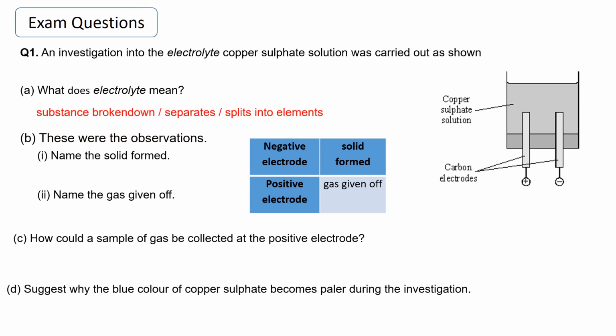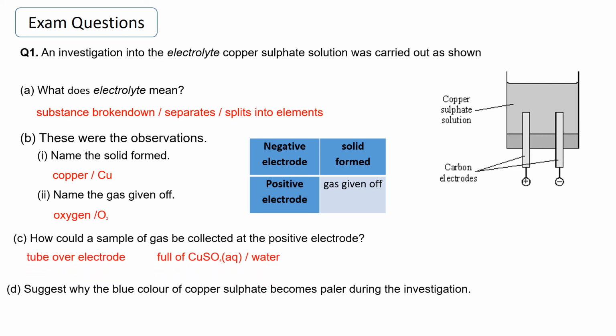Now let's go through the answers, which I've already seemed to have put up. Marvellous. So, electrolyte means a substance that is broken down, that splits into elements. And these were the observations. Name the solid formed, it's copper, and oxygen is the gas given off.